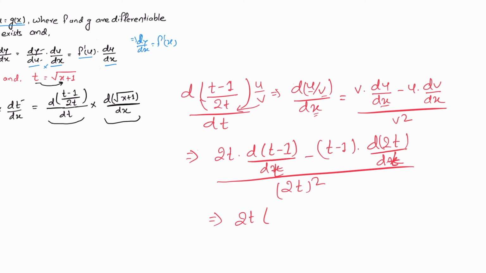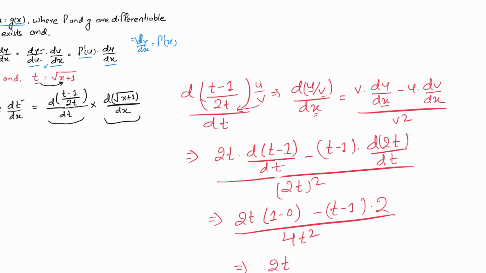I have simply copied from the formula as it is. So the derivative of t with respect to t is 1, minus the derivative of 1 is 0, minus t minus 1 times the derivative of 2t with respect to t, which is 2 times dt upon dt, which is 1, so 2 times 1 is 2, divided by 4t square. So from here we will get 2t minus 2t plus 2 upon 4t square.